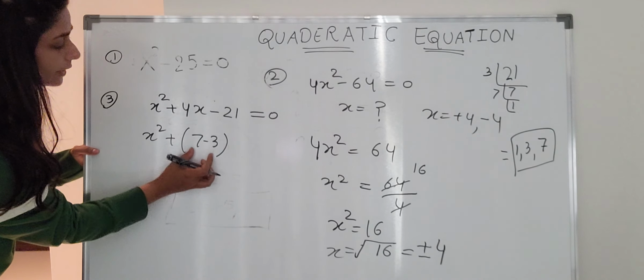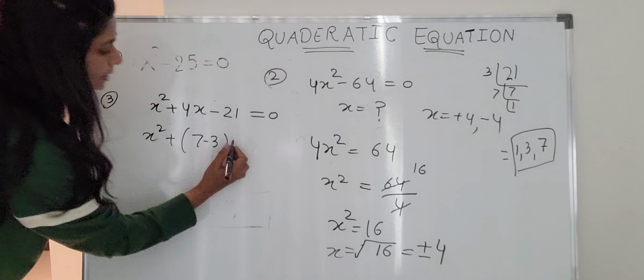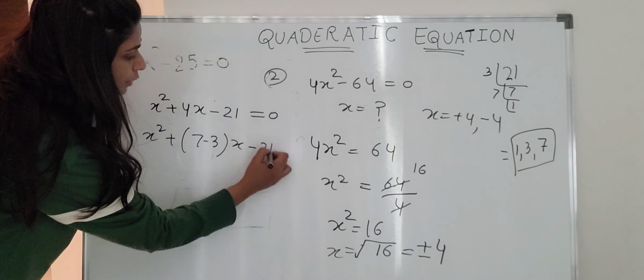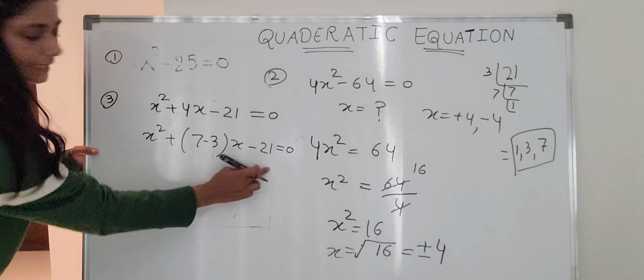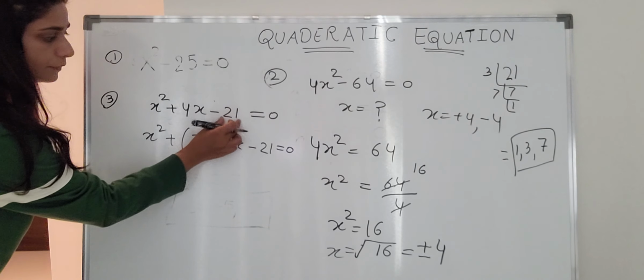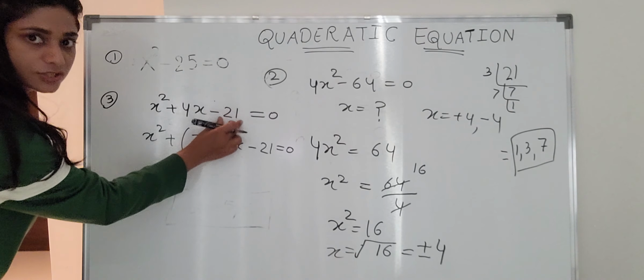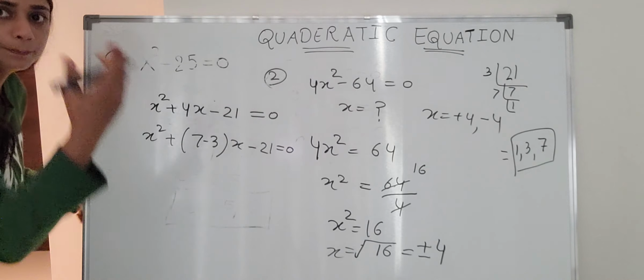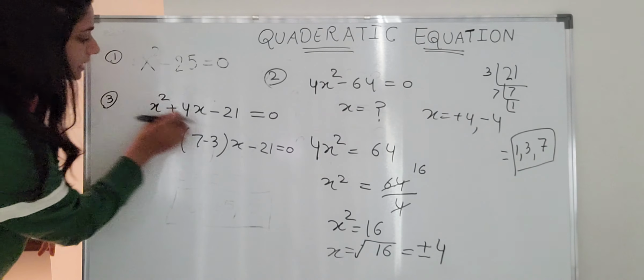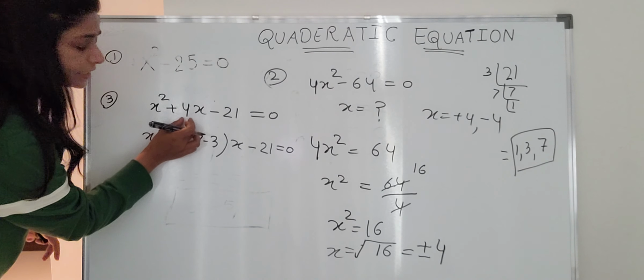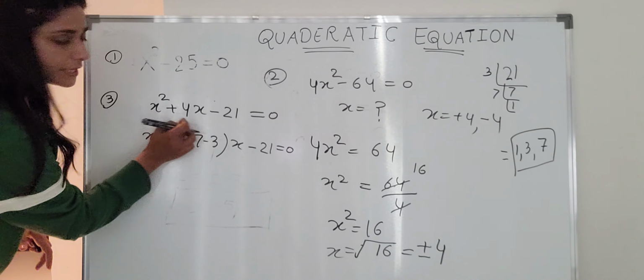Correct? 7 minus 3 equals 4. Now this x we write outside, minus 21 equals 0. Is it clear? First we find the factors of the constant value 21, then we add or subtract to make the middle number, the x coefficient, which is 4 here.